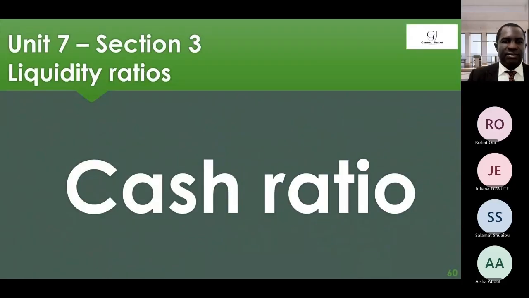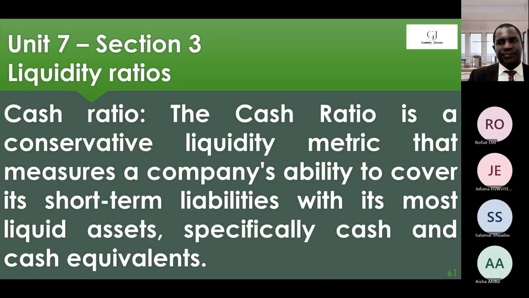One of the simplest also, which is the cash ratio. It is a conservative liquidity metric that measures a company's ability to cover its short-term liabilities with its most liquid assets, specifically cash and cash equivalents. Receivables and inventory are not the most liquid assets of an entity.